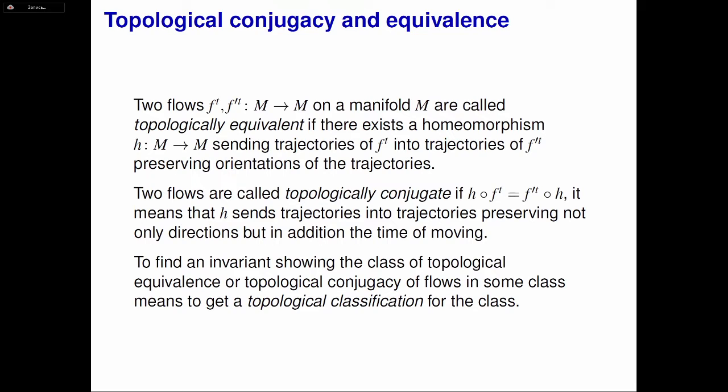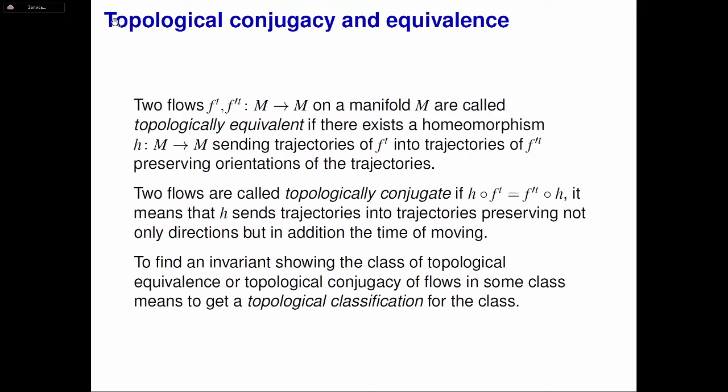First, I need to recall two types of topological classification of flows: classification in the sense of equivalence and in the sense of conjugacy. Two flows are called topologically equivalent if there exists a homeomorphism of the carrier manifolds mapping trajectories of the first flow into trajectories of the second flow, preserving orientations of the trajectories.